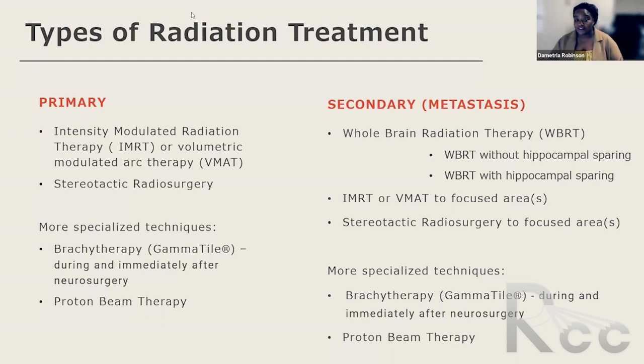The whole purpose is that you're trying to spare memory. When you're beaming the entire brain, you're not sparing anything; you're just trying to take care of all the tumors throughout the brain. But with advancements in radiation oncology, hippocampal sparing is another way to help the patient with the late side effects that may come with receiving whole brain radiation.